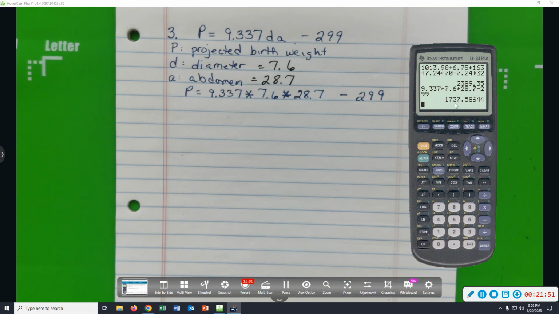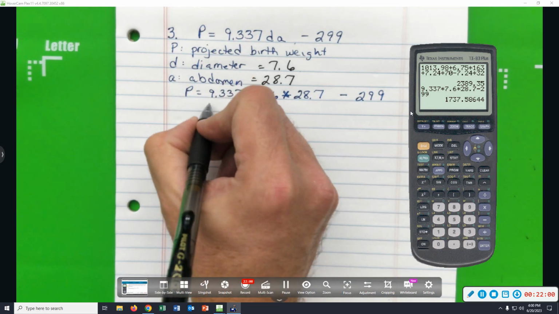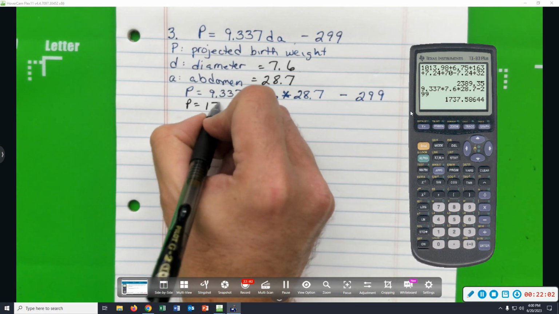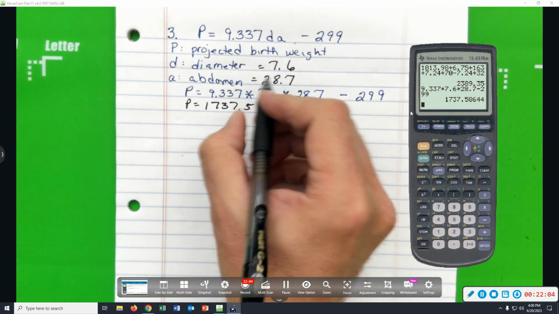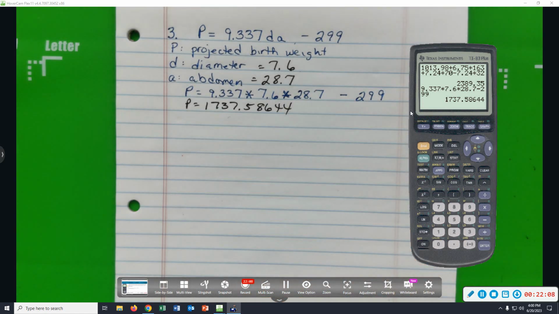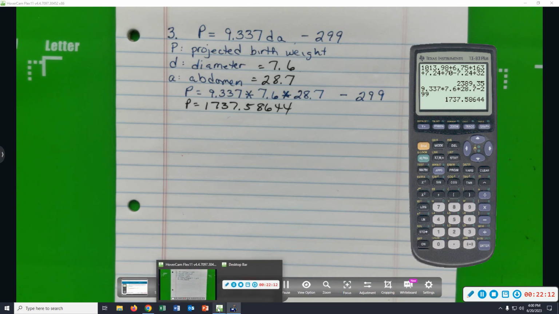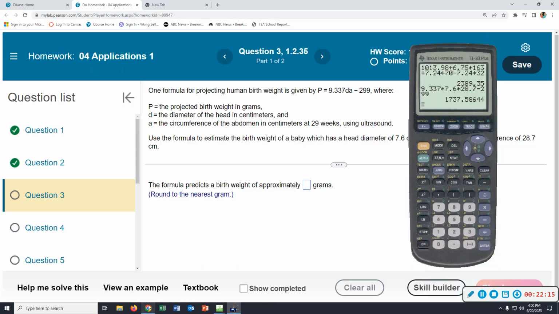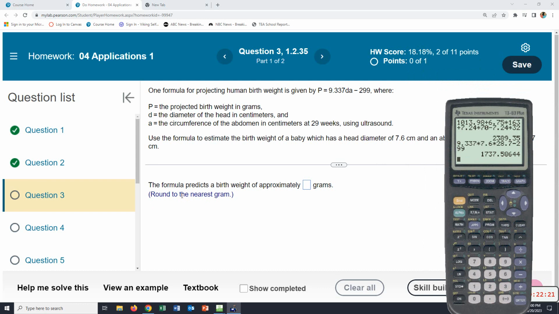Okay, so 1737.586. 1737.58644. I suspect they want an integer. So, yeah, round to the nearest gram.